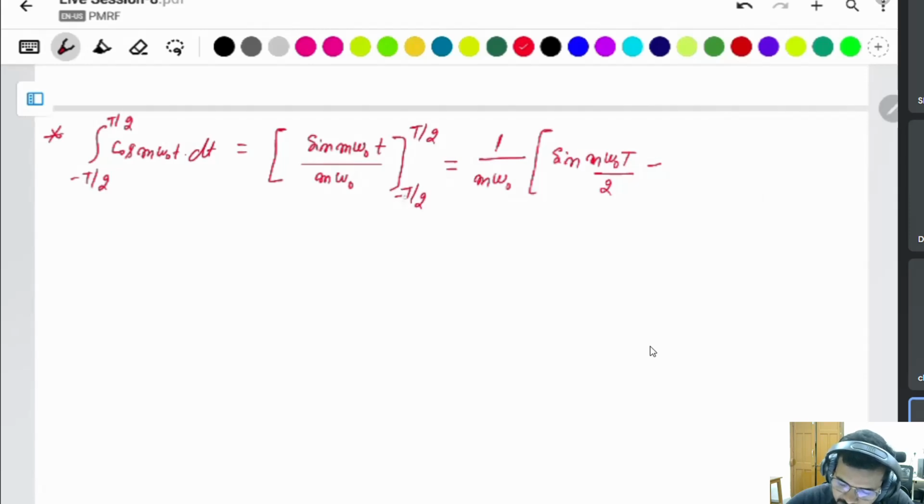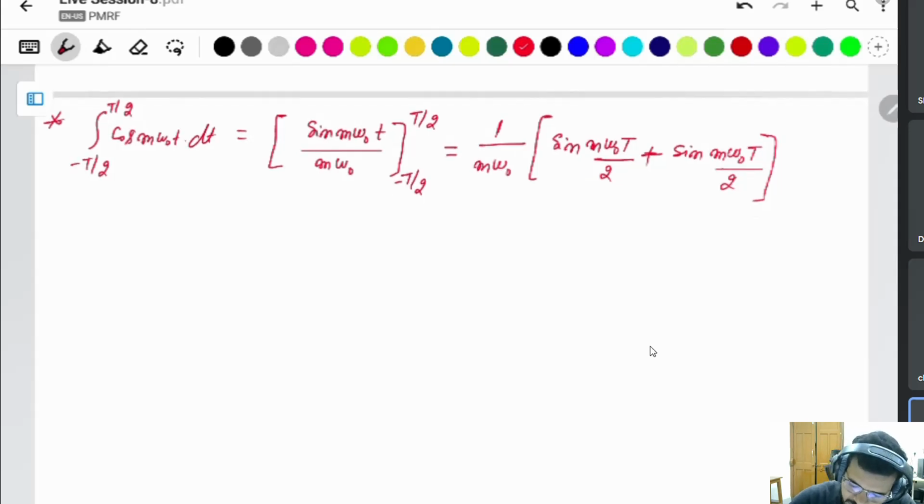The sine of minus theta is minus sine theta, and there is already a minus, so minus minus becomes plus, giving sine of m omega naught T by 2 again. So this will be 2 by m omega naught into sine of m omega naught T by 2.